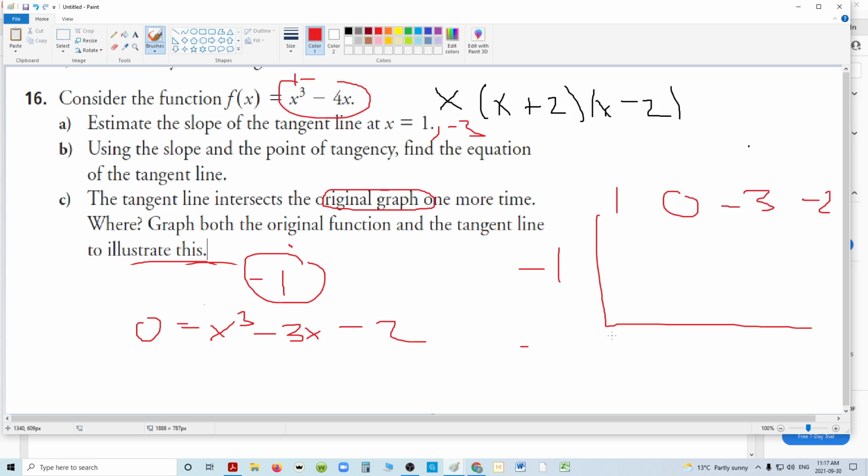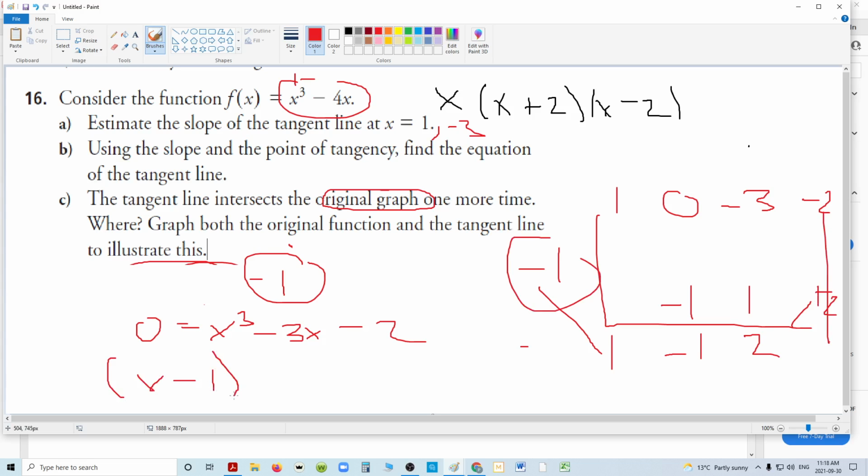Minus 2. Now we can do our synthetic division. Minus 1. Add them. 1. Add them. 2. Add them. Minus or plus 2. These cancel out. So sure enough, when I factor out x minus 1, or sorry, x plus 1, I'm left with x squared minus x plus 2.